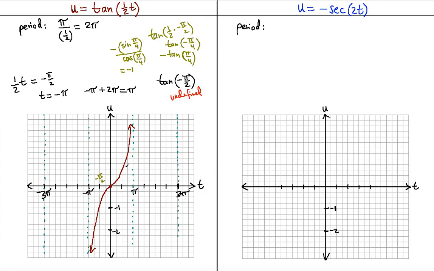And confirmed algebraically, just for your own practice, if you plug in pi over 2 for the t-value here, you will see you will have tangent of pi over 4. And tangent of pi over 4 is 1, right? So if you let this be equal to 1, I know that it's not a perfect drawing, it doesn't touch 1 exactly, but what's correct is that it definitely rises, right?